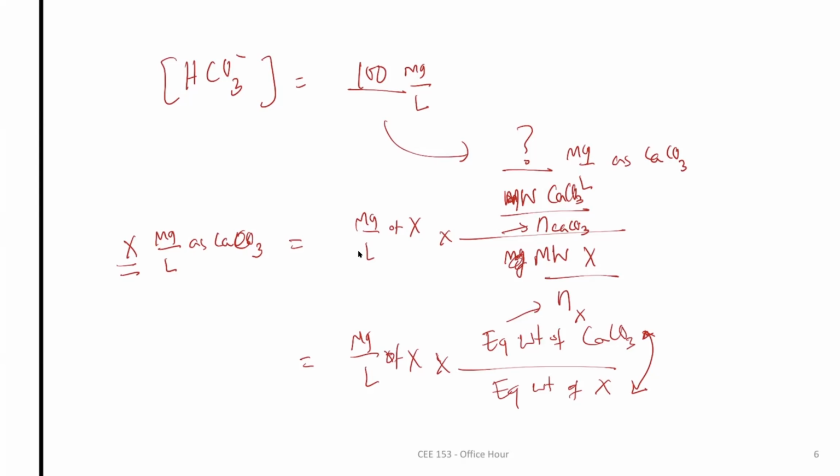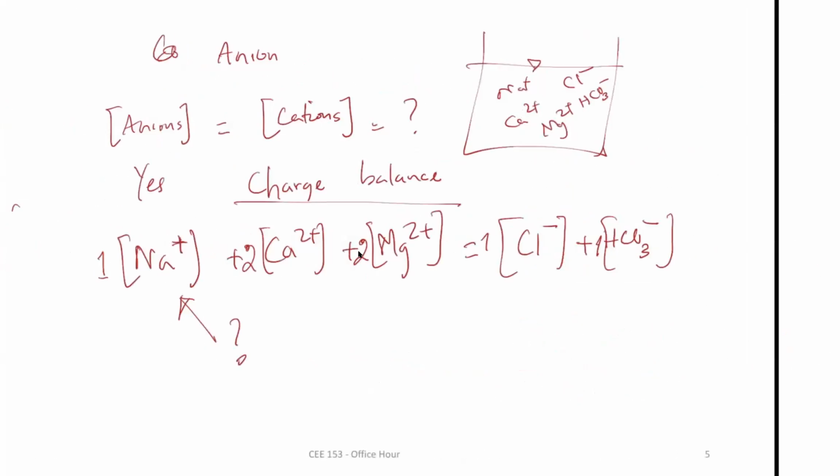Okay, so let me write it up. Moles per liter are not comparable. But you don't have to account for charge if everything is already written in the same, comparable units.